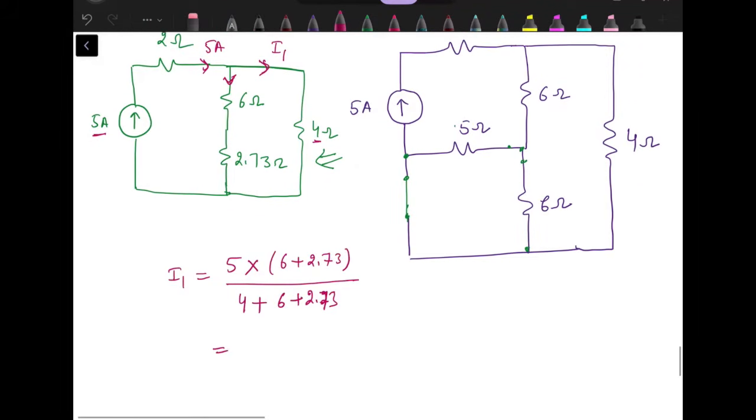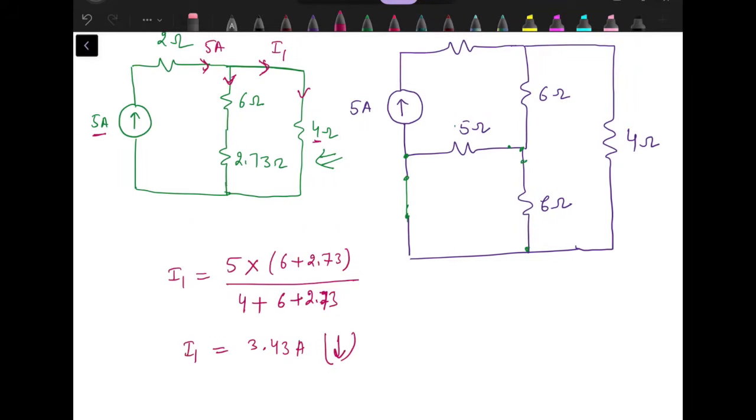So this will give us the value of current as 3.43 ampere, and it's flowing in the downward direction, I1.